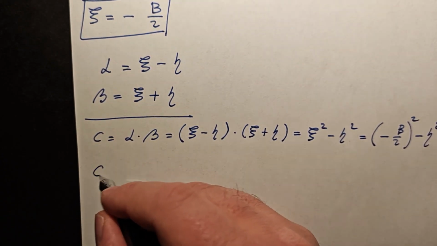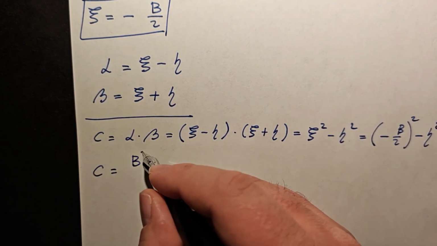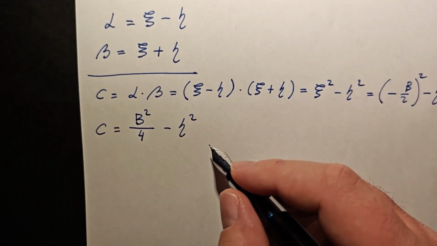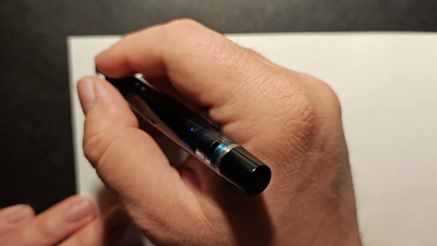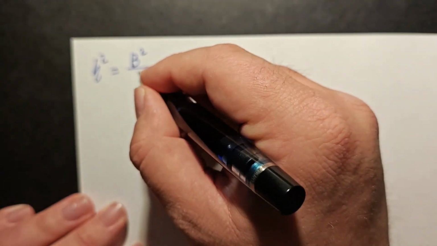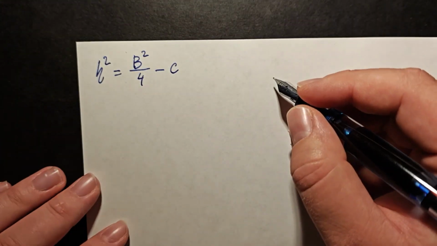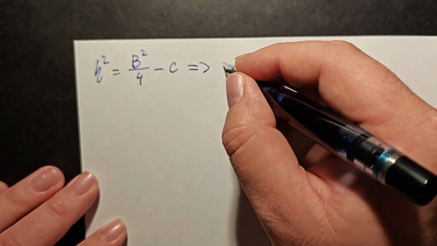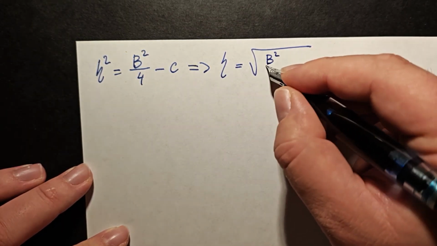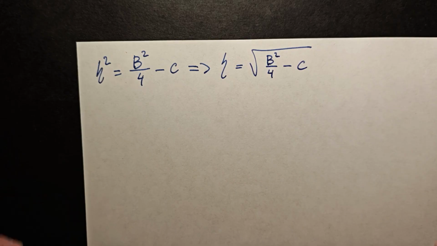So we have that c is equal to b squared over 4 minus eta squared, and that is going to give us that eta squared is equal to b squared over 4 minus c. Therefore, eta is equal to the square root of b squared over 4 minus c.